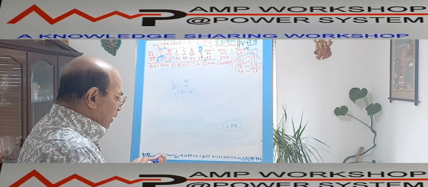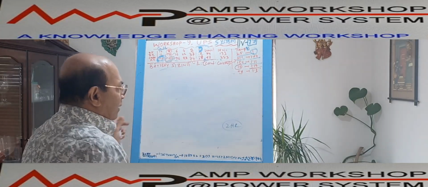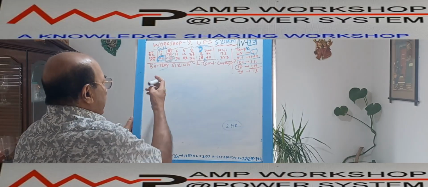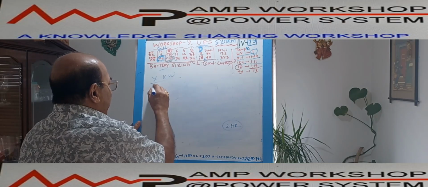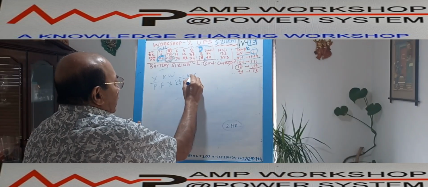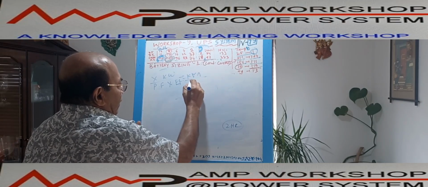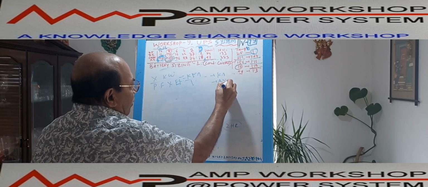If we consider the 2 hours, then what about the ampere we got in the previous calculation from the kilowatt? We got the output in X kilowatt, then divided by power factor, then divided by efficiency. Then we get the kVA, right? This kVA we divide by battery voltage, and we get kiloampere, which is equal to ampere into 10 to the power 3.